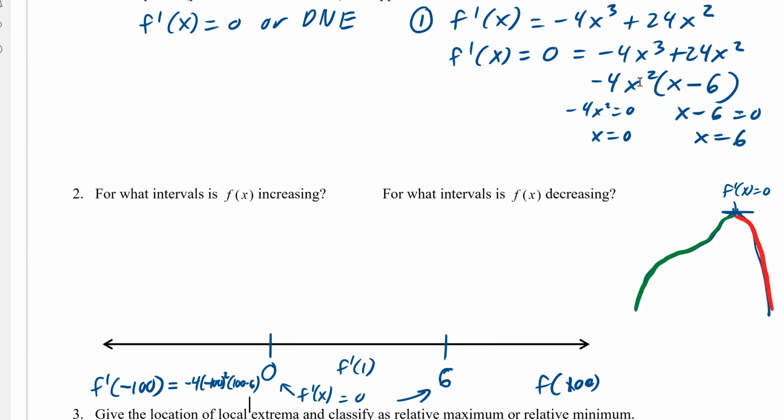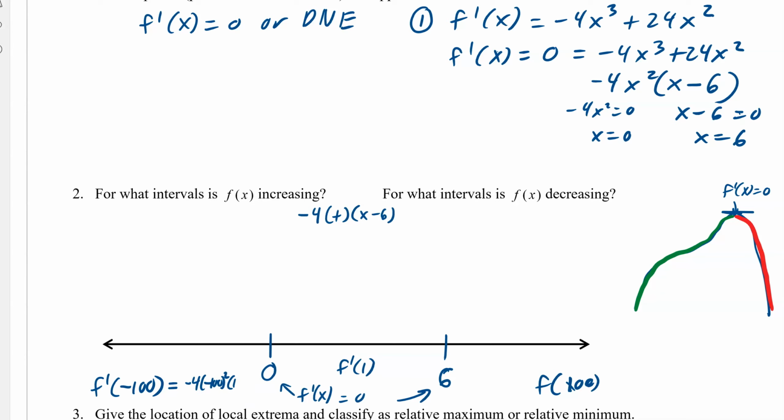So really, what we're dealing with is a negative 4 times a positive times an x minus 6. You don't actually have to plug it in because we're just looking for the sign. So this would be a negative times a positive, and then 100 minus 6 would be a positive. What is a negative times a positive times a positive? That comes out to be negative.